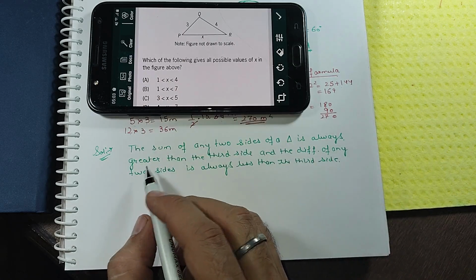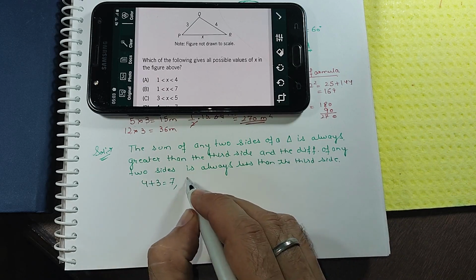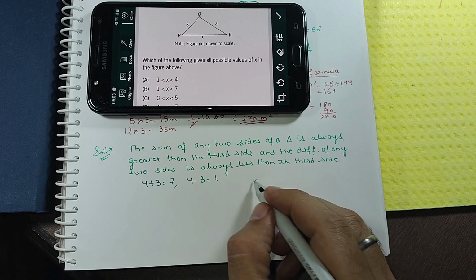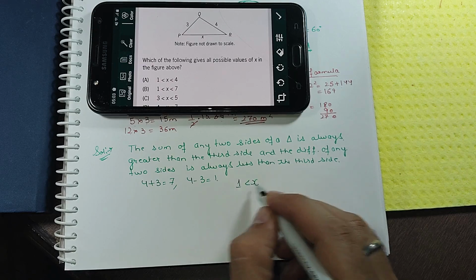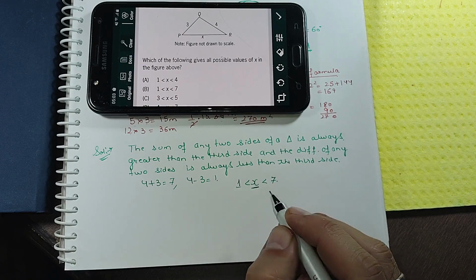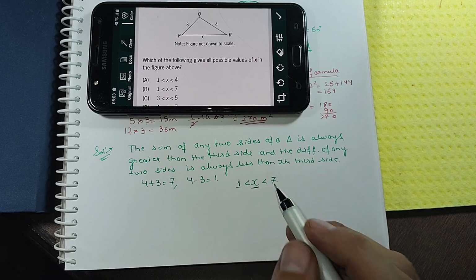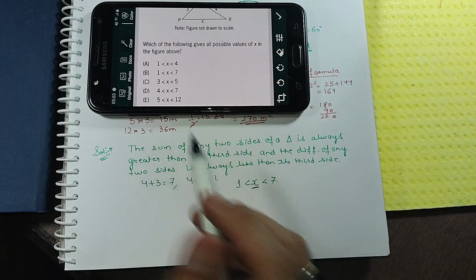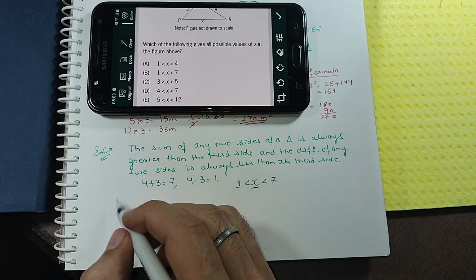So the sum is 4 plus 3 is 7, and the difference is 4 minus 3, which is 1. So the length of x will always be greater than 1 and less than 7. So here option B is the right option.